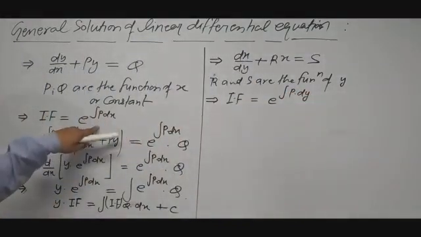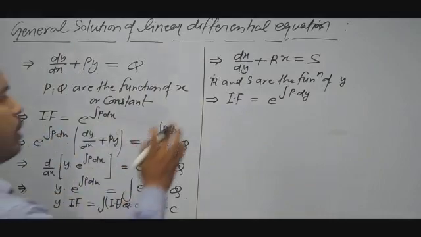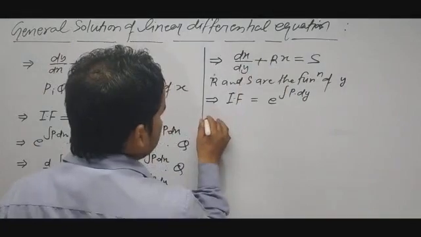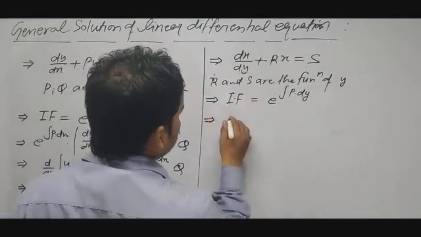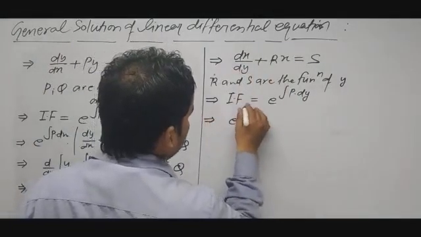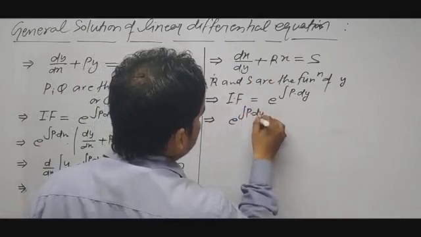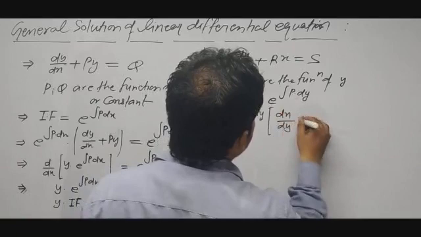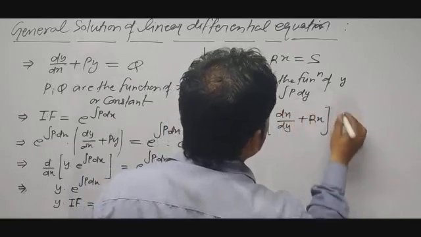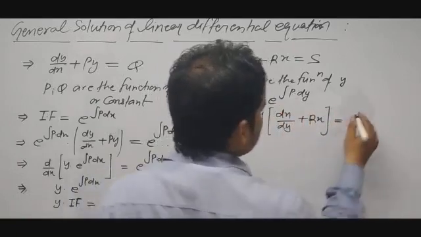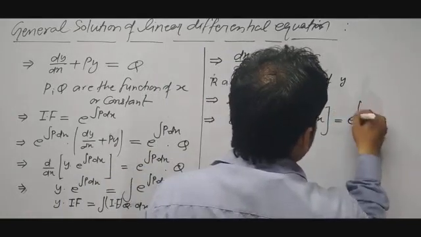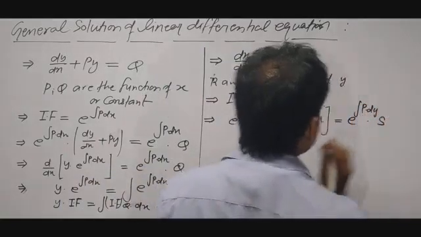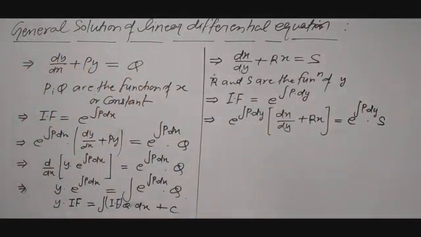Here it was P dx and here you will use P dy. Now this integrating factor we have to multiply on both sides of the main equation. So e to the power integration of P dy times dx upon dy plus Rx is equal to e to the power integration of P dy times S. We have multiplied.